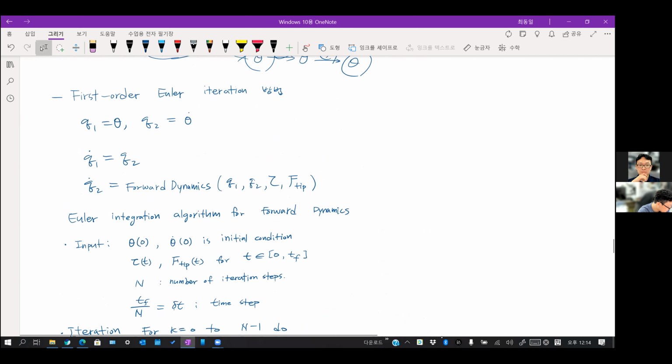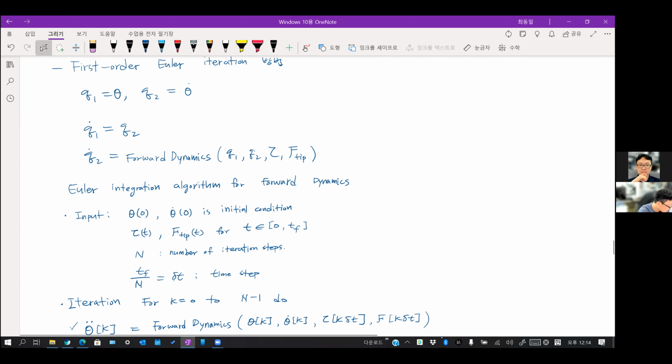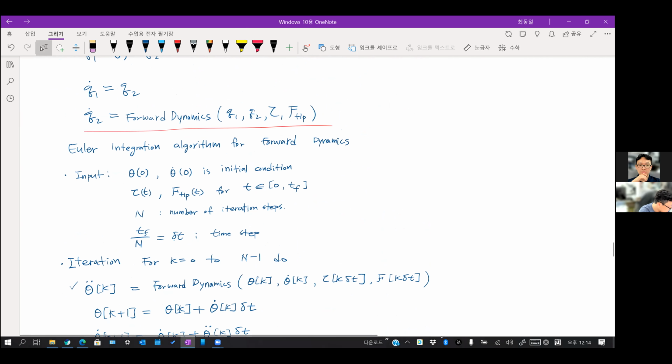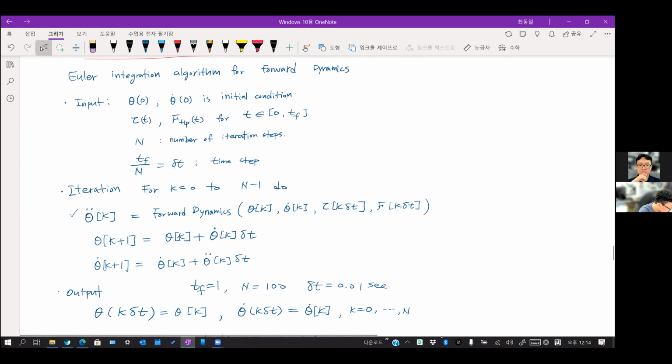If you calculate the forward dynamics and you get the velocity or acceleration, then you can integrate like this. So if you already calculated theta double dot, then you can use this equation.